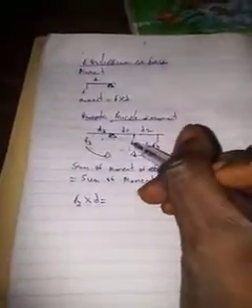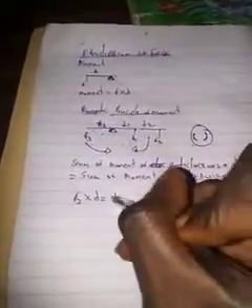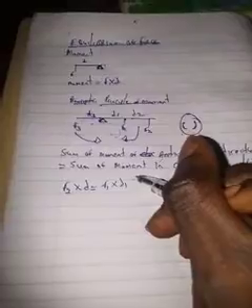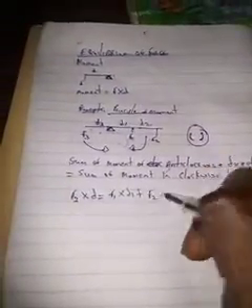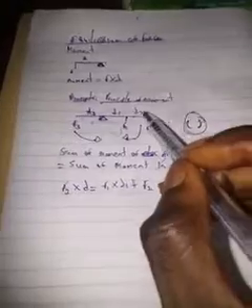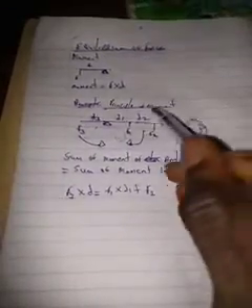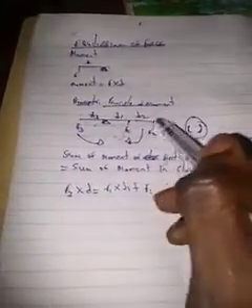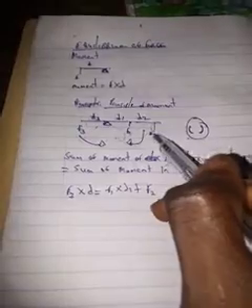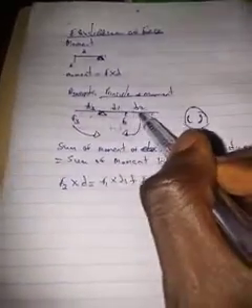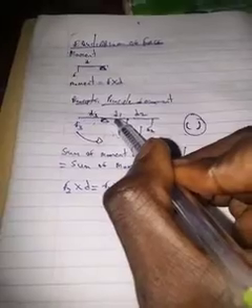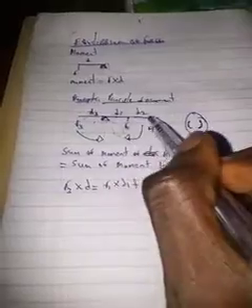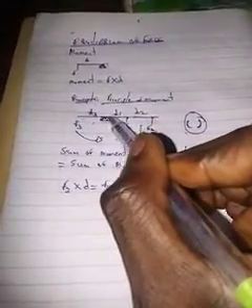It is equal to F1 times D1, plus F2. This time around, it will not be F2 times D2. You have to add the sum of this distance to this one, because the horizontal distance at which this force acts is longer than this place.